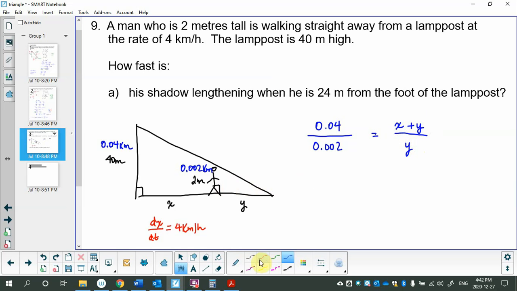So I compared this to this, then I compared this to this. So I've got sides of triangles being compared. Big one is on top, little one is on the bottom. Now, I don't want to take the derivative of that mess.